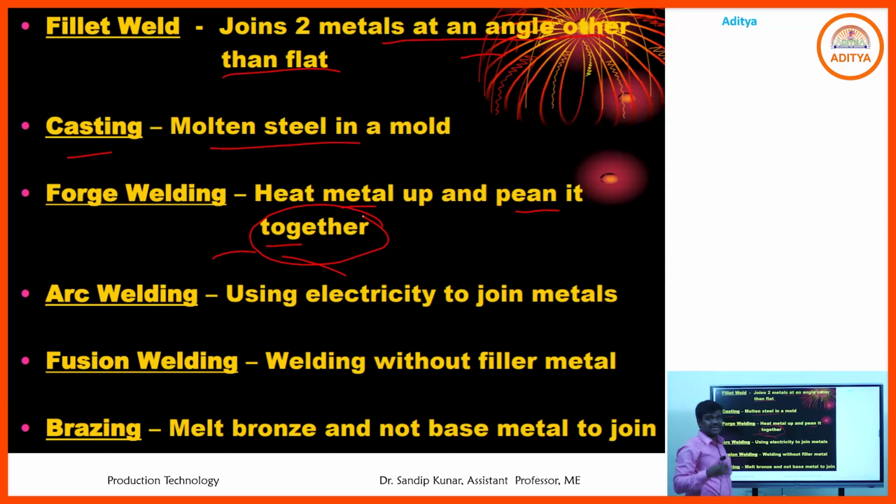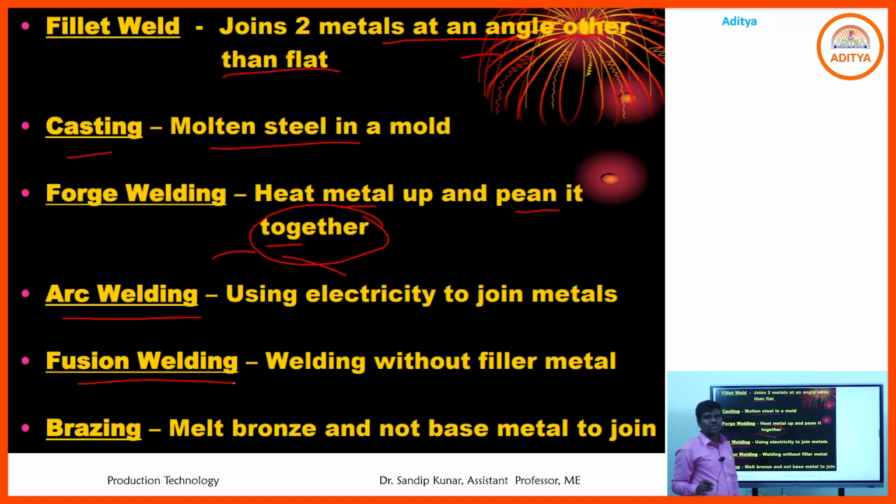After pinning, it takes the particular shape as required. Another is arc welding, using electricity. We create an arc between the electrode and the metal. Due to the arc, the metal melts, and then the plates are joined.